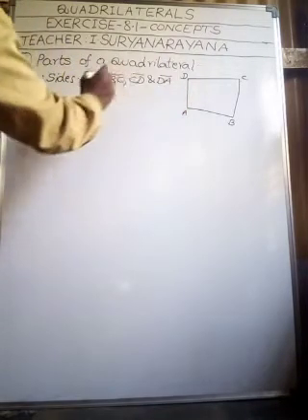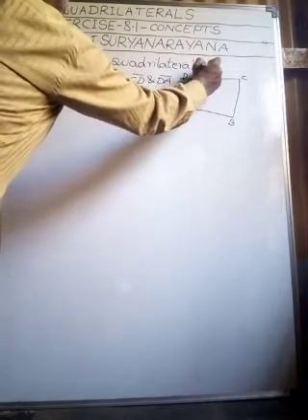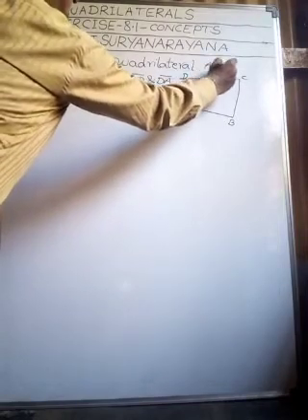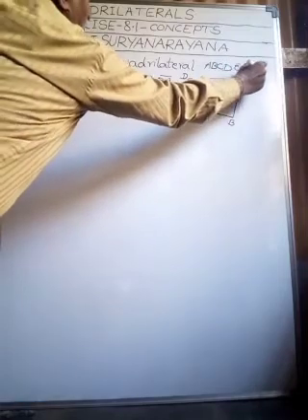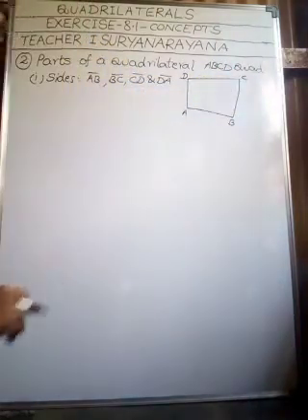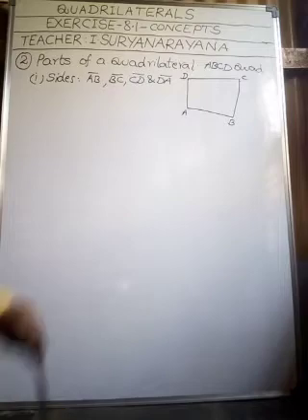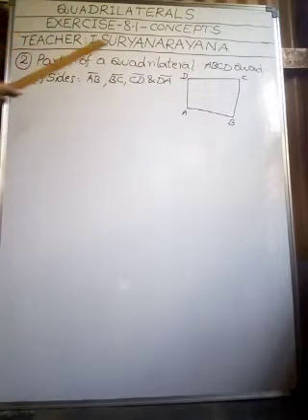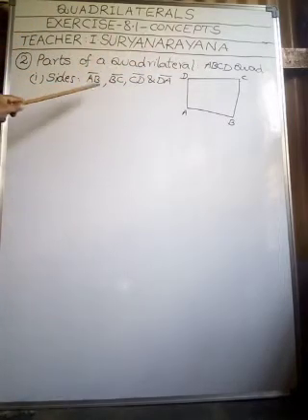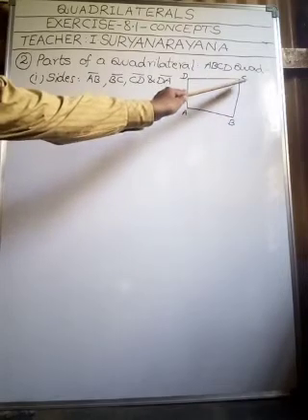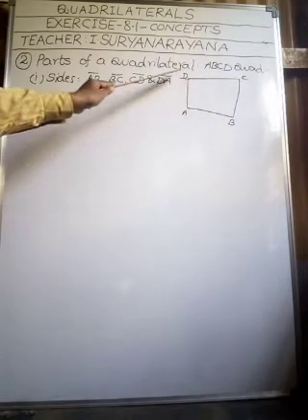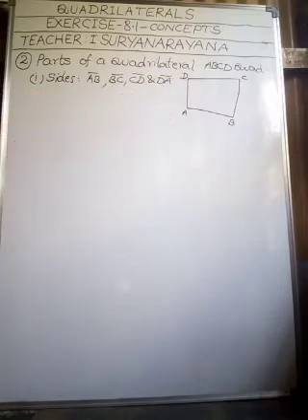Okay, my children. The name of this quadrilateral is ABCD. ABCD quadrilateral. In short form we can write quad. In this quadrilateral ABCD, the sides are AB, BC, CD, and DA. These are said to be the sides of the quadrilateral. Is it clear, my children? Right.